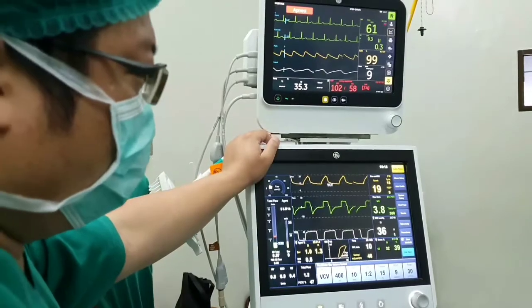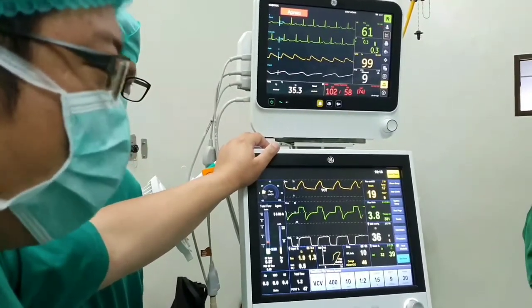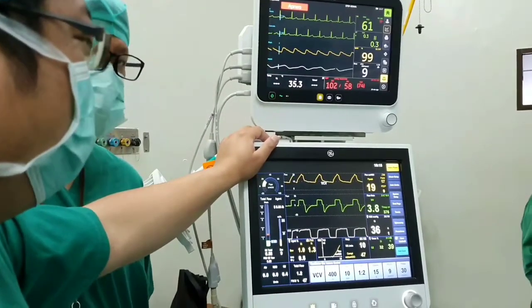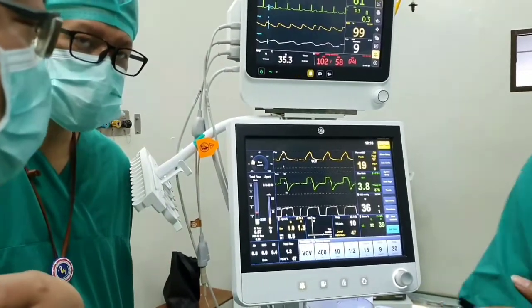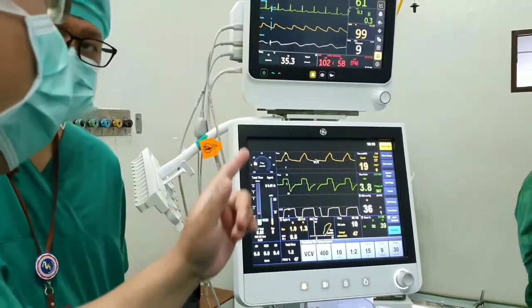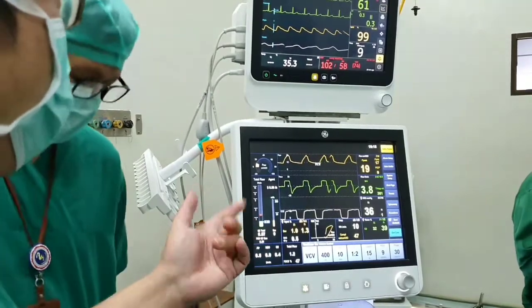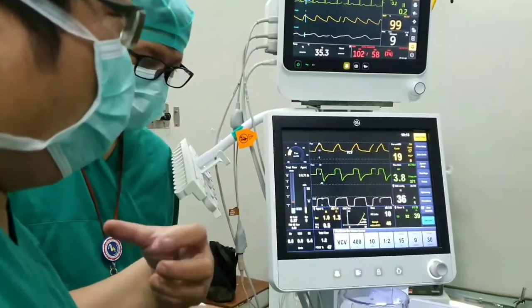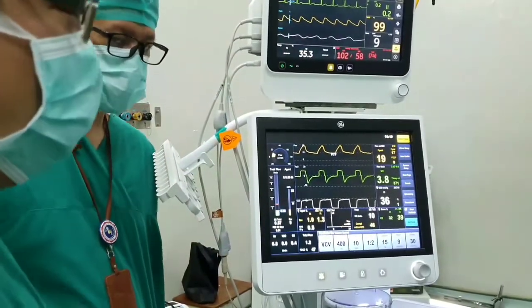And the second thing is, if you give high FiO2, you are masking other problems that the patient has. For example, if the patient's lungs collapse, you will not see the SpO2 decrease because you keep on giving oxygen 100%. So you are treating lung collapse by giving high oxygen, not by doing lung recruitment.